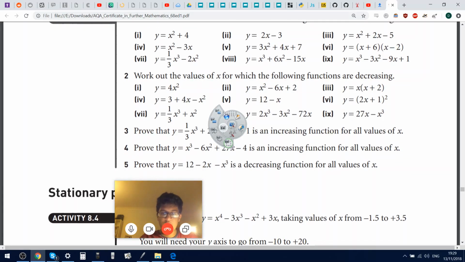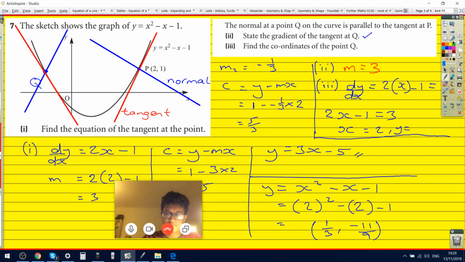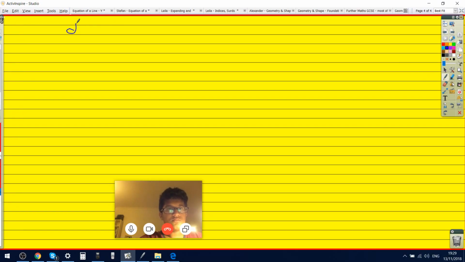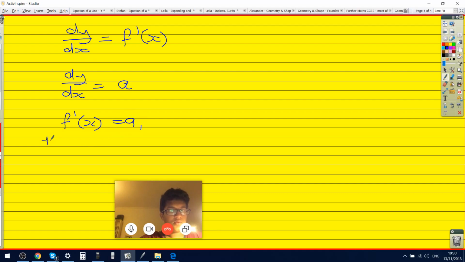Could you explain the question again? Yeah, so basically, if you say dy by dx is equal to some function, I'll just write f dash of x, and you also know that dy by dx is equal to some number a, then f dash of x is equal to a, and then solve for x.